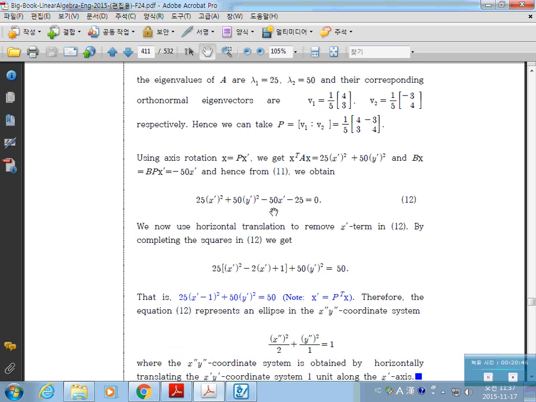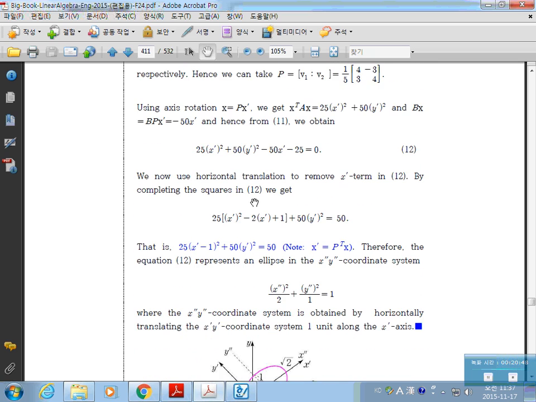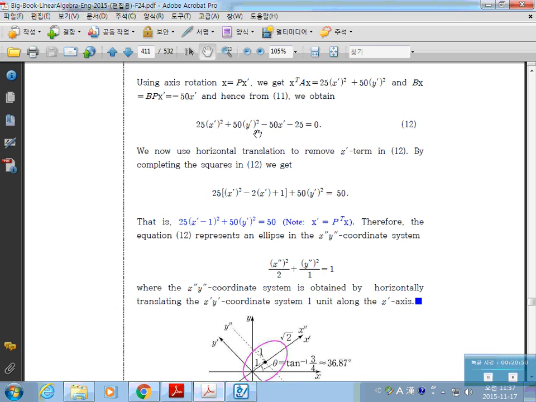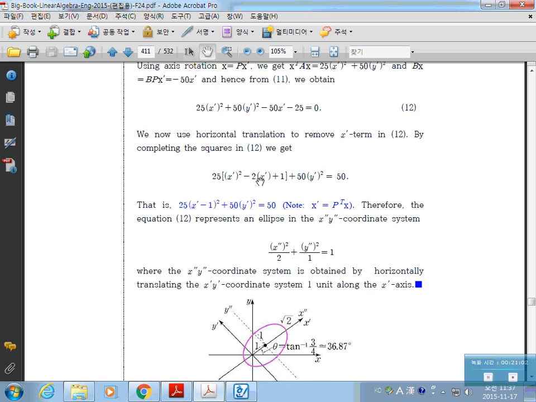This can be what next? We can adopt completing the square on this to simplify in this way, isn't it? Completing the square, so we delete the x term with the completing square like this.